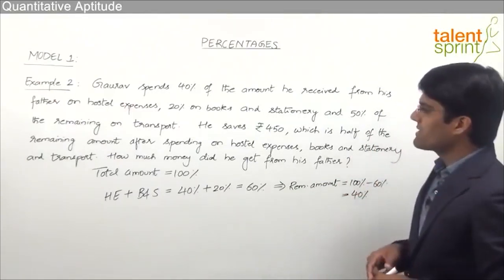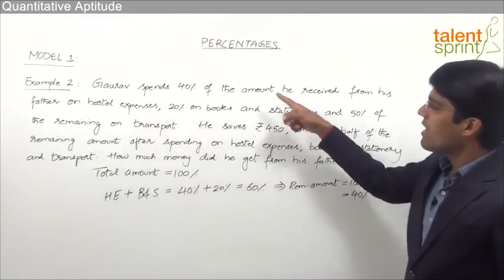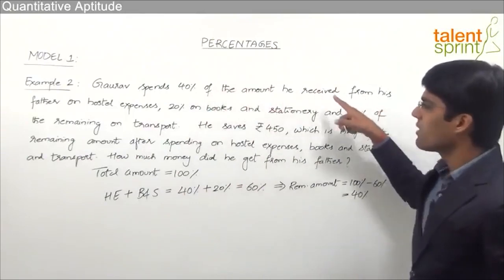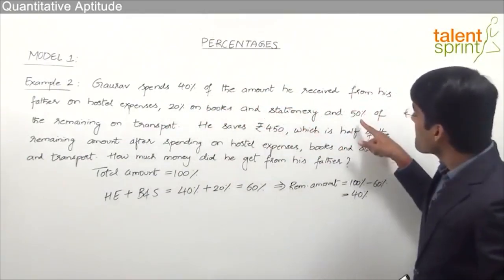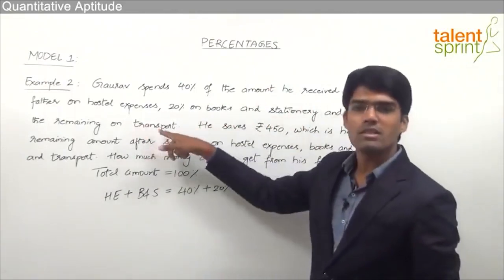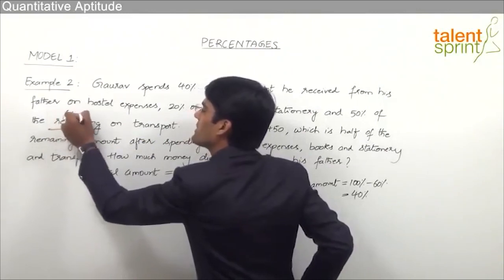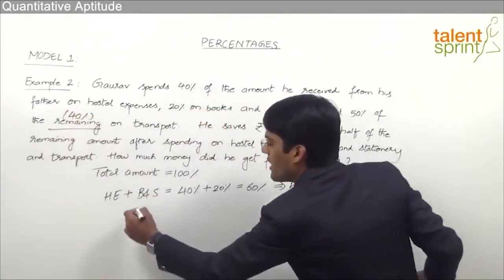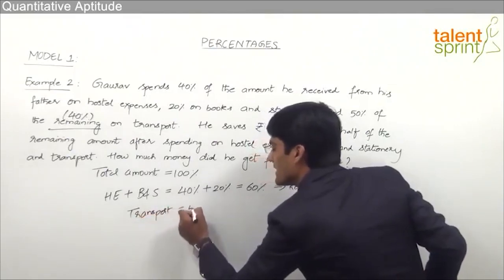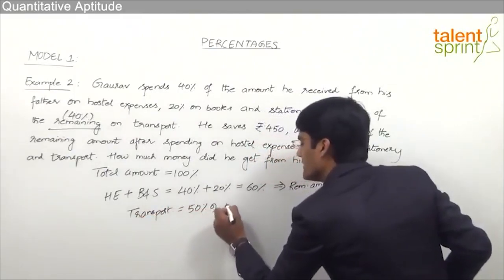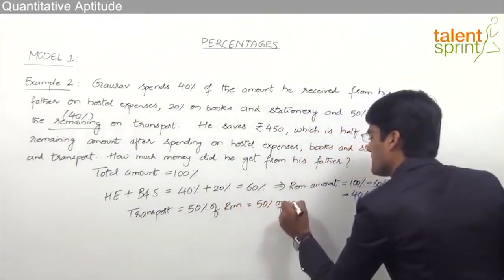Now the next part of the question says 50% of the remaining on transport. We have already taken into account the 40% which has been spent on hostel expenses and 20% on books and stationery. After this, 50% of the remaining was spent on transport. We know that the remaining amount in our case is 40%. So we can say that the amount spent on transport is 50% of remaining, which is nothing but 50% of 40%.